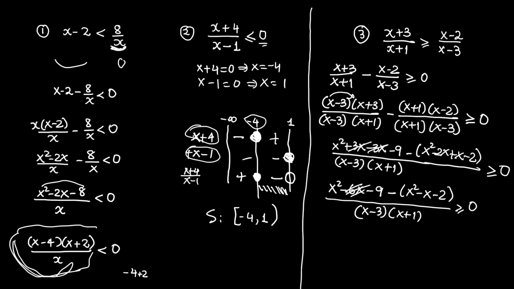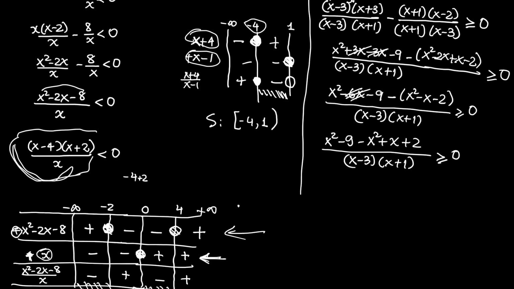Then I have x squared minus 9 minus x squared plus x plus 2 divided by (x - 3)(x + 1). I cancel this, then I have (x - 7) divided by (x - 3)(x + 1) greater than or equal to 0.